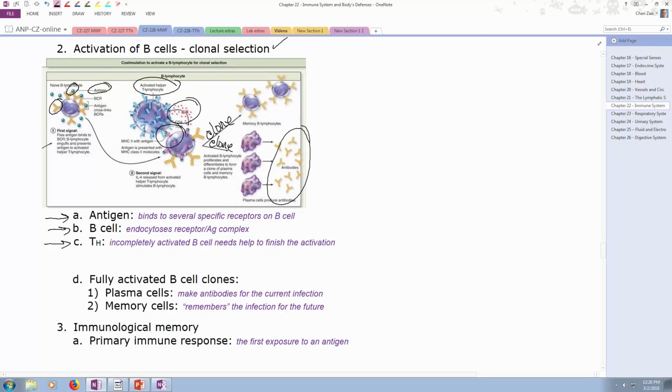So the T helper cell will help the incompletely activated B cell finish the activation process. And when it does this, co-stimulatory enzymes help to finish the activation process.